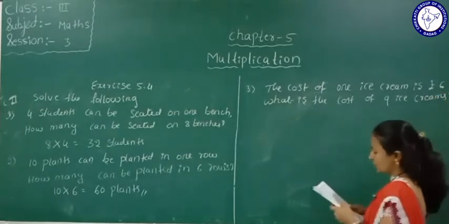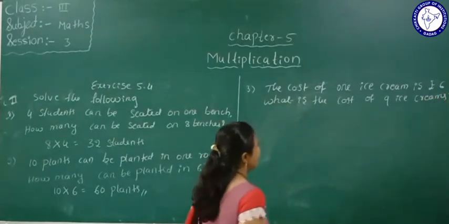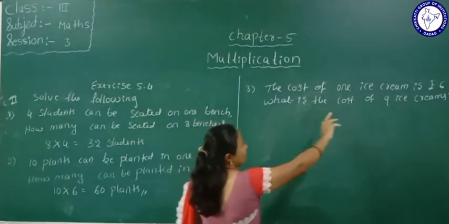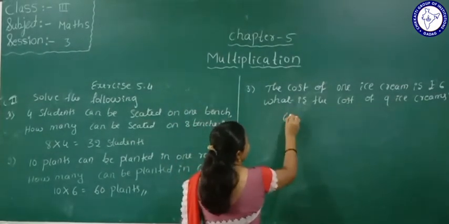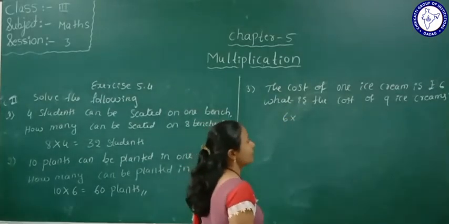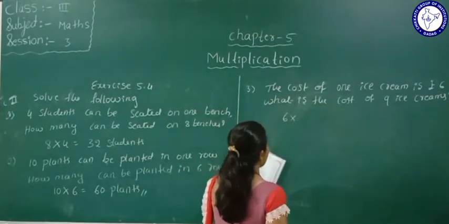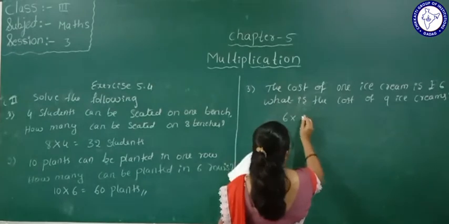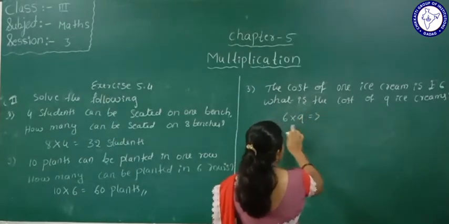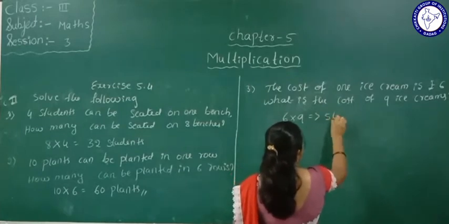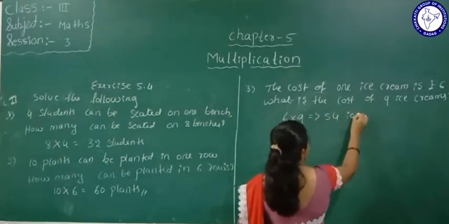Yes students, the cost of one ice cream is rupees 6. How many ice creams are there here? The cost of 9 ice creams. So 6 nines are 54.